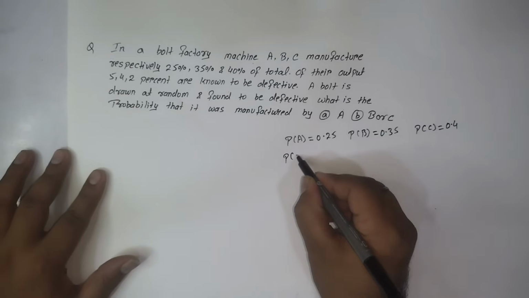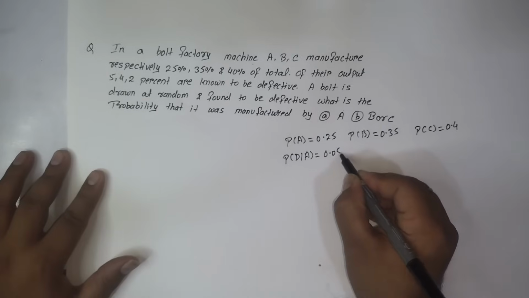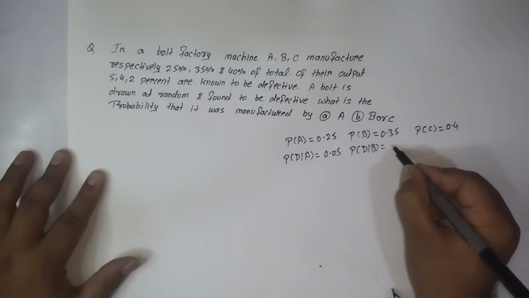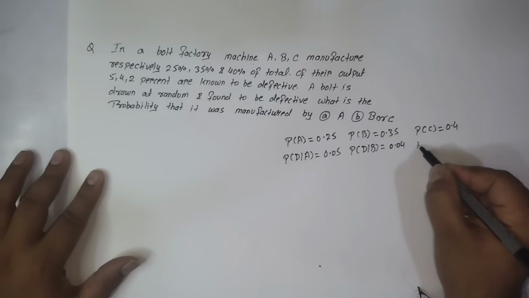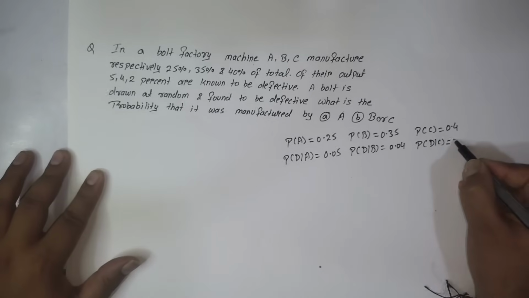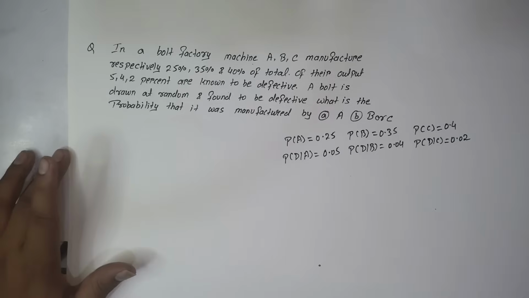So the probability of defective under A is 0.05, the probability of defect under B is 0.04 and the probability of defect under C is 0.02. A bolt is drawn at random and found to be defective. What is the probability that it was manufactured by A?